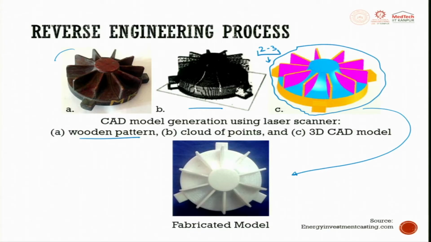There could be certain ways when we try to scan. For example, this is completely symmetrical about this axis. So what we can do, we only need this angle, right? And we need to understand the thickness of the fins of the impeller.